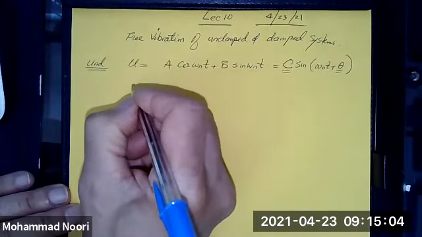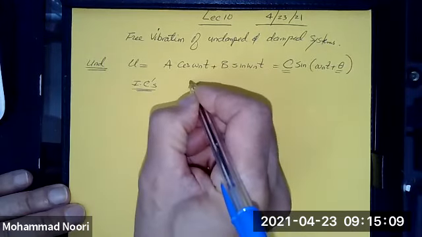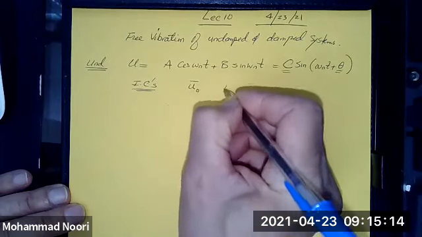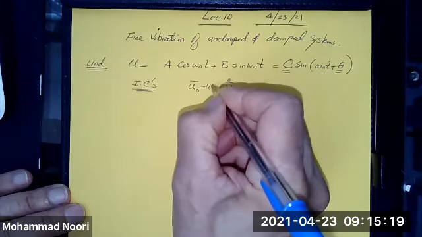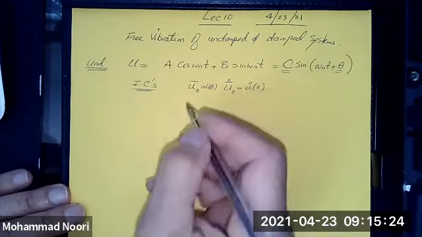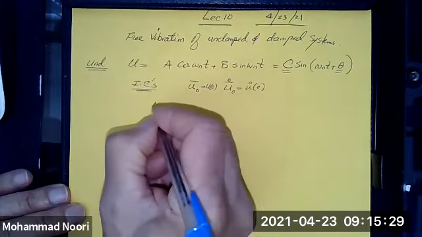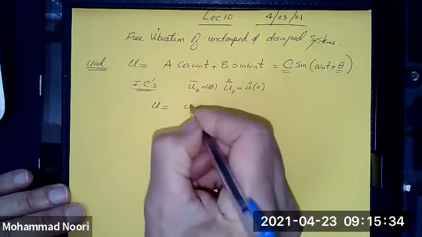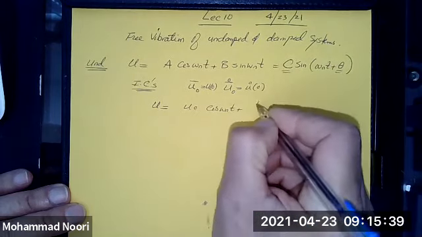If you use the initial conditions that are, say, u at time equal to 0 and u dot at time equal to 0, or at some point, that equation for the response will look like this in terms of those initial conditions, okay?